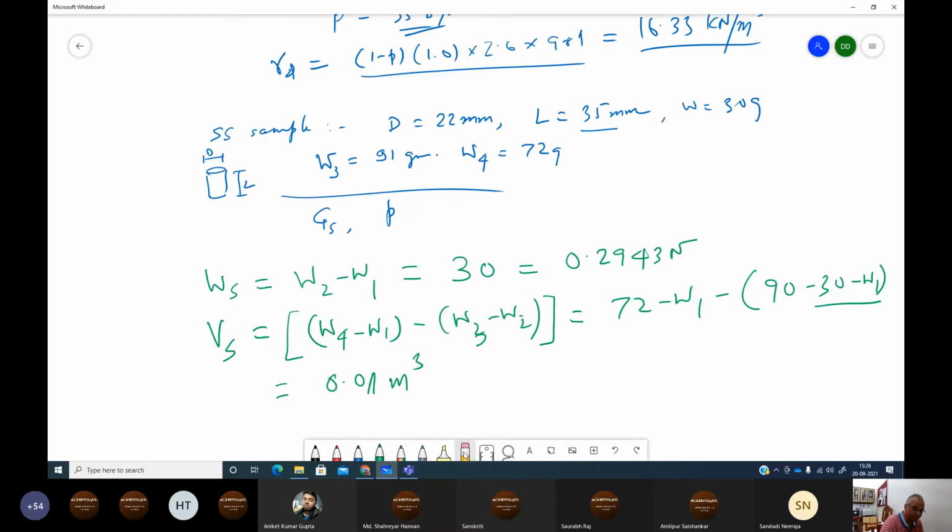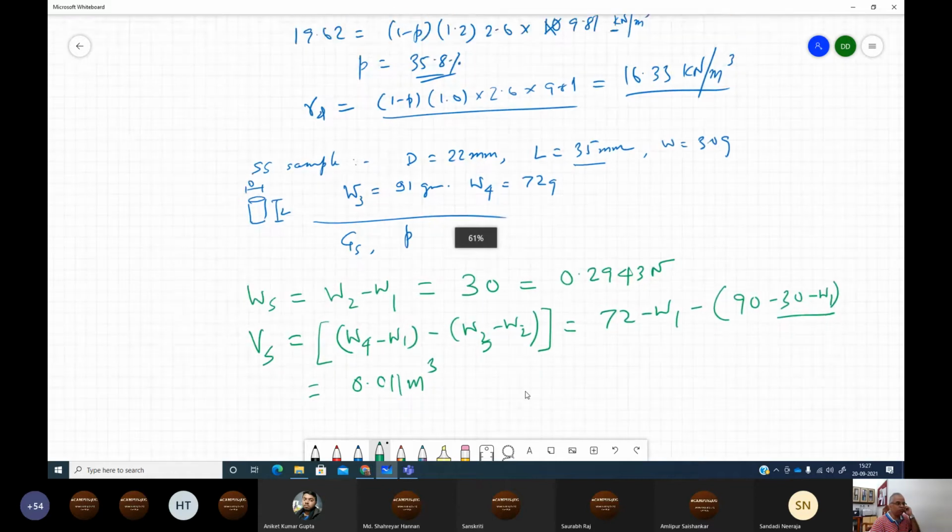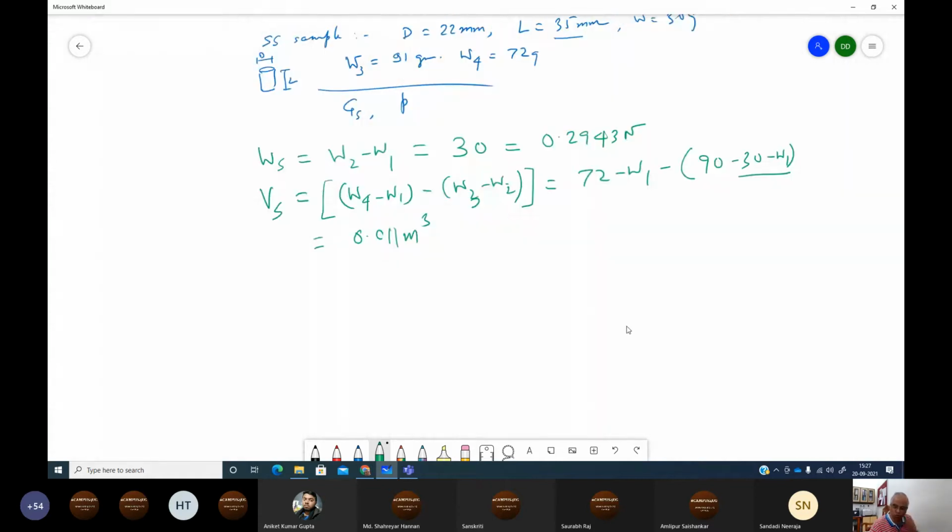This is the volume of that sample. In the pycnometer we found this. Now we already found out the weight and we already know the volume, so we can calculate GS.